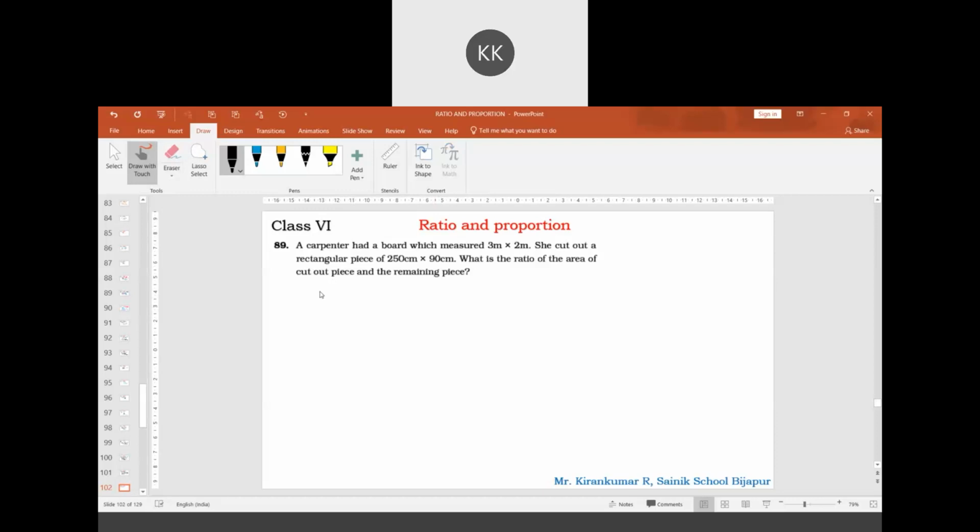We should convert it into centimeters, sir. Yes, we'll convert that into centimeter. It will be 300 into 200, the area of the board.